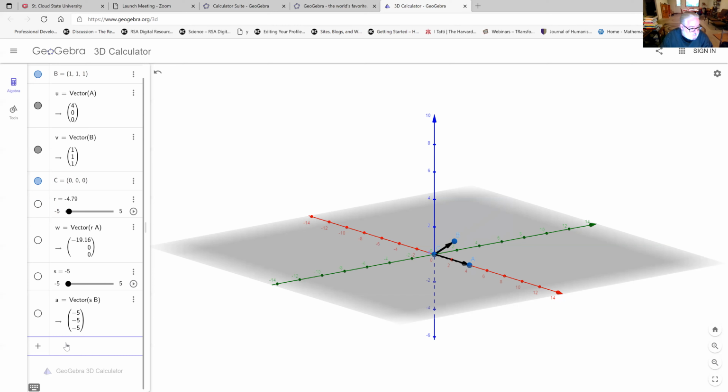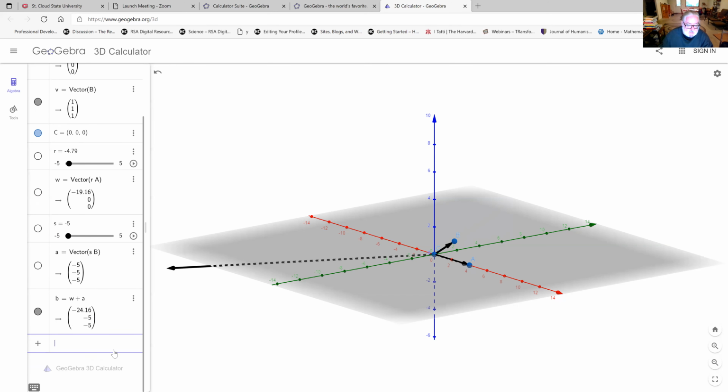So just take, let's see, what do they call this? Vector W is in the span of A, vector A is in the span of that. So we'll just do W plus A, is that vector.